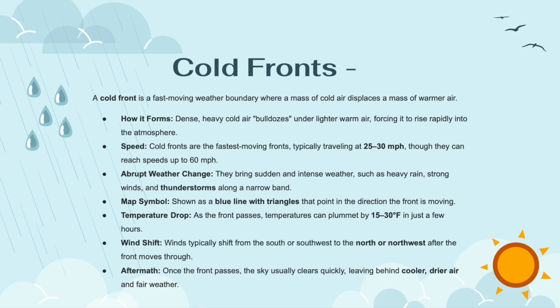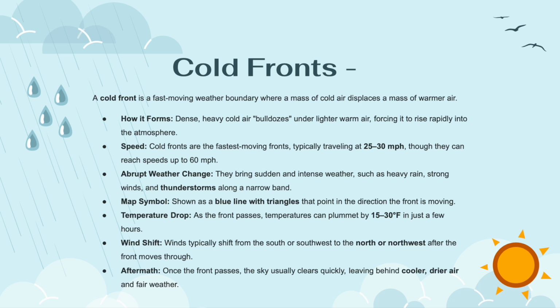As the front passes, temperatures can plummet by 15 to 30 degrees Fahrenheit in just a few hours. Winds typically shift from the south or southwest to the north or northwest after the front moves through. Aftermath: once the front passes, the sky usually clears quickly, leaving behind cooler, drier air and fair weather.